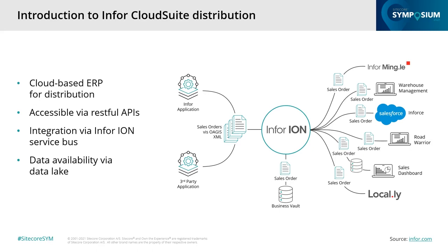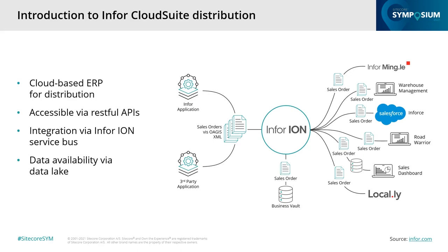Infor CSD operations are accessible via REST APIs. This enables us to get real-time pricing and inventory from ERP using the REST APIs. We can also place orders, create customer records, and many other things in real time using the REST APIs.